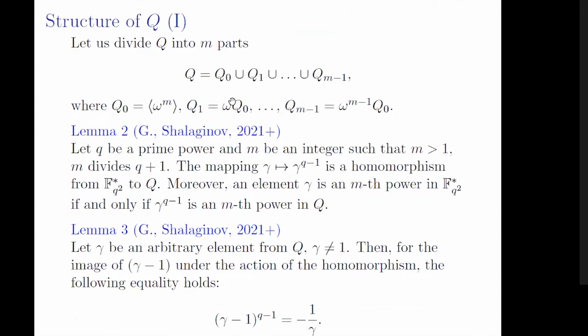Let us divide Q into m parts. So in the previous case of usual Paley graphs, we divided Q into 2 parts. So now we generalize this approach where the parts are Q0, Q1, and so on up to Q_{m-1}, where Q0 is the subgroup of index m in Q, and Q1, and so on up to Q_{m-1}, are the cosets.